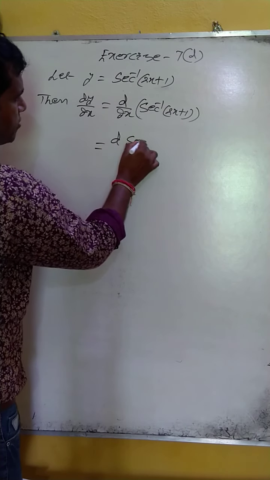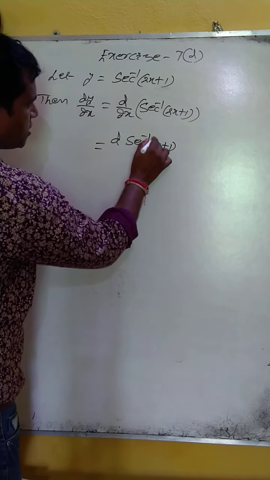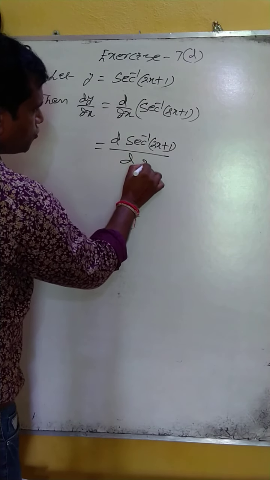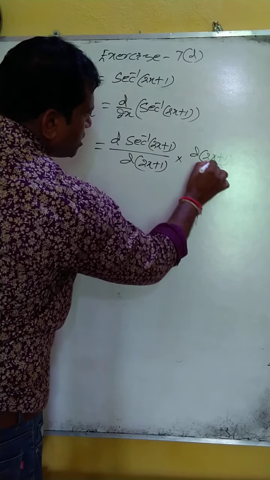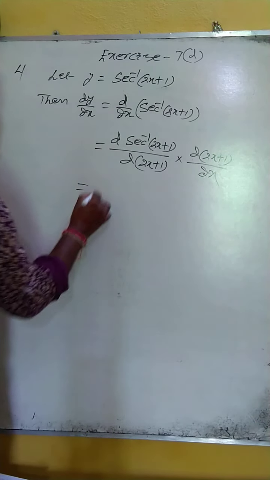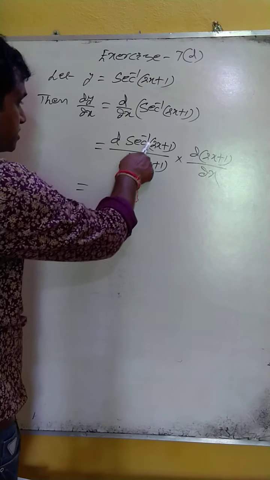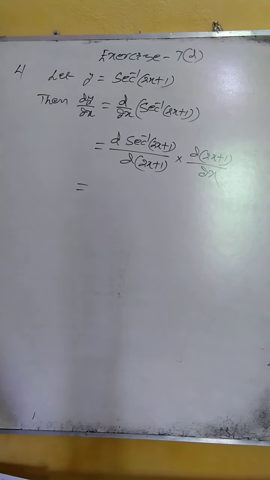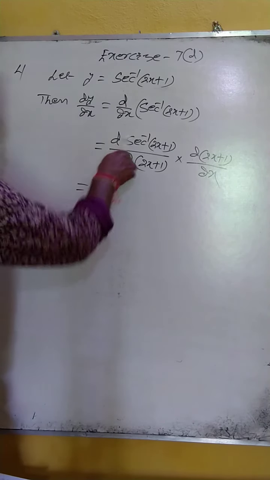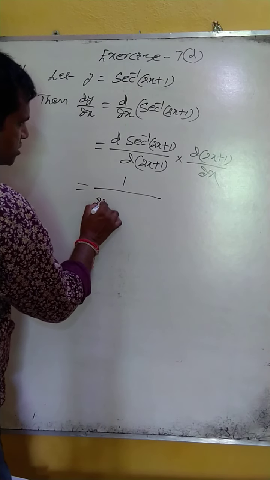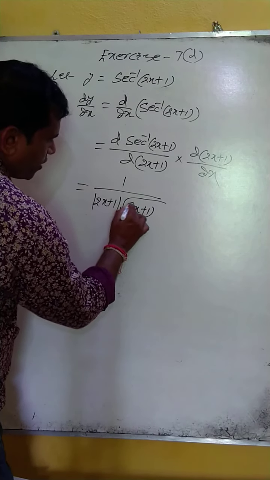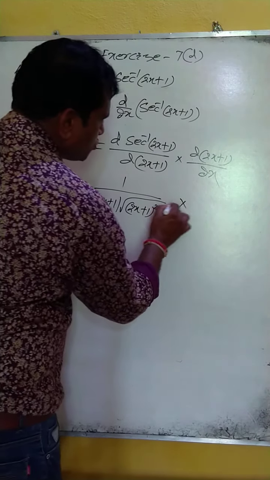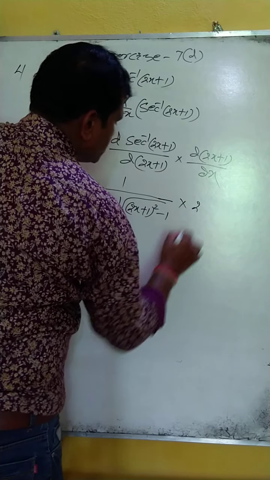that is equal to d of sec inverse 2x plus 1 divided by d of 2x plus 1 into d of 2x plus 1 divided by dx. We know the derivative of sec inverse x with respect to x is 1 by mod x root over x square minus 1. So we write here 1 by mod 2x plus 1 root over 2x plus 1 whole square minus 1, into the derivative of 2x plus 1, which is 2.